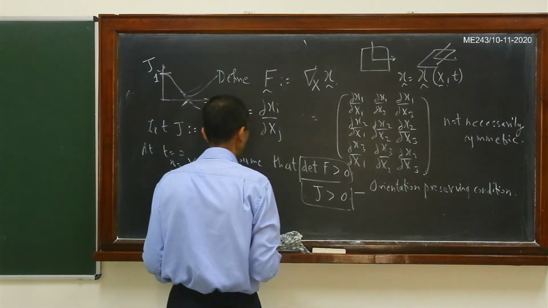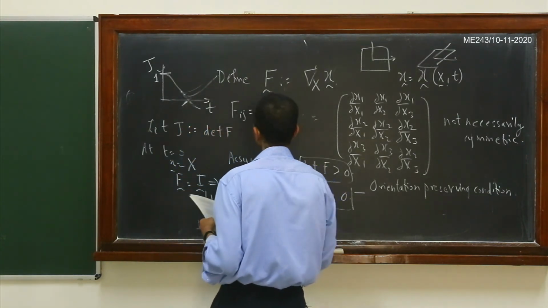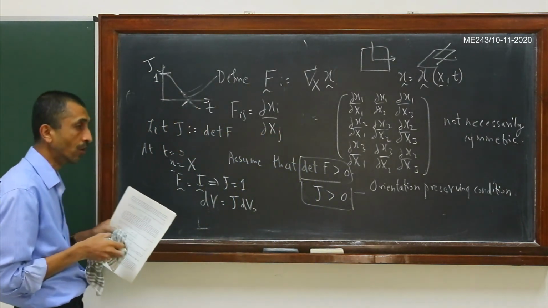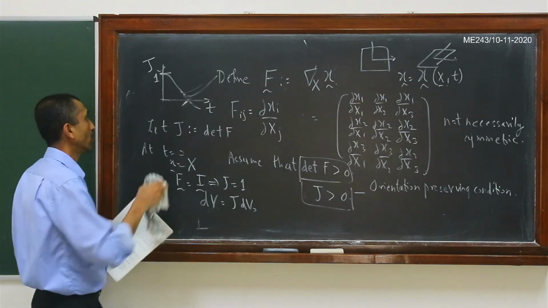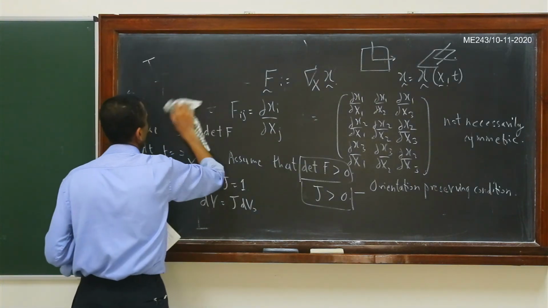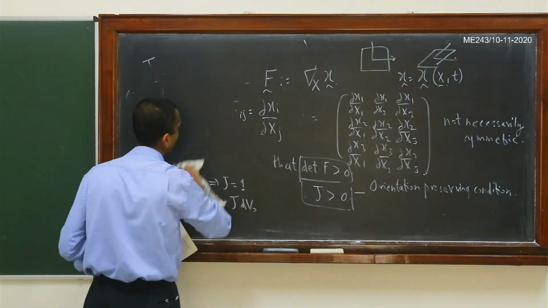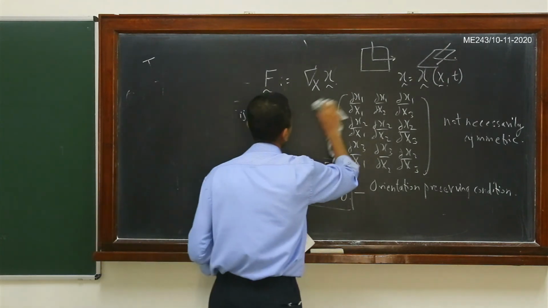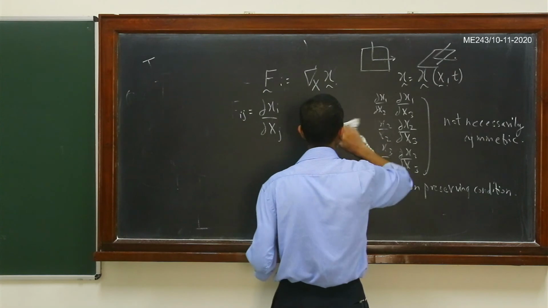As I already said, this F is going to play a very key role throughout our study of continuum mechanics. Once I define my F, I can also define F inverse in terms of the inverse map.